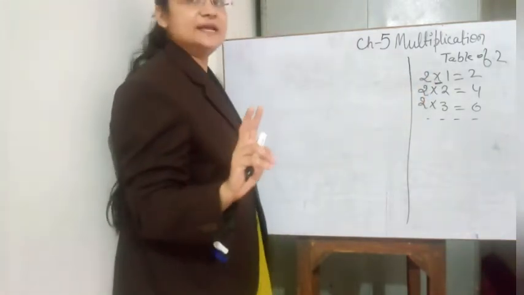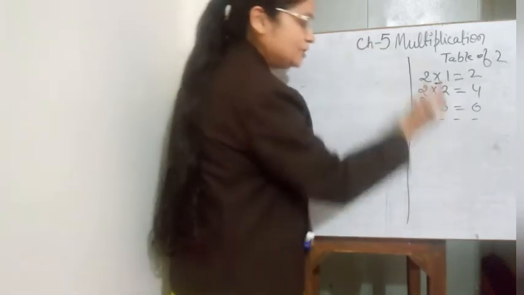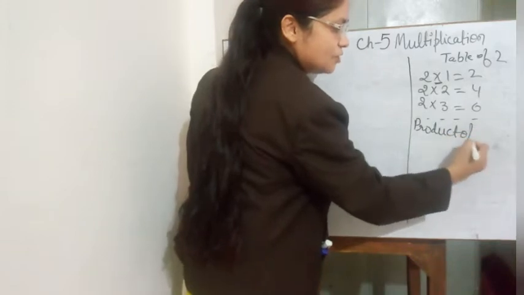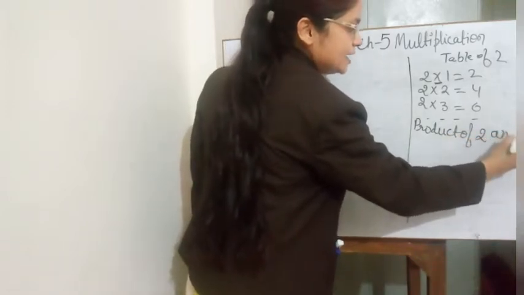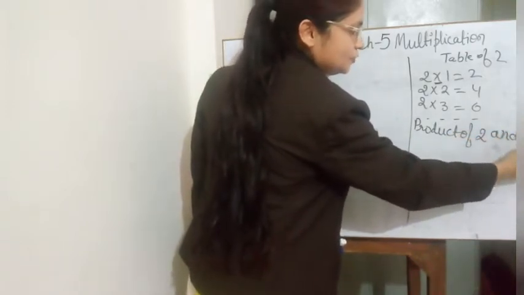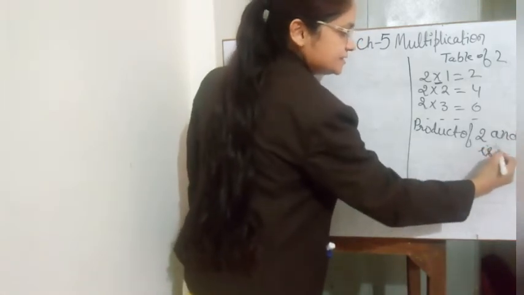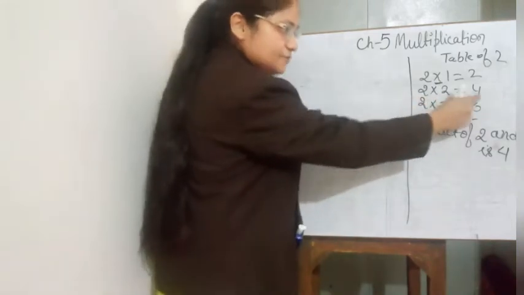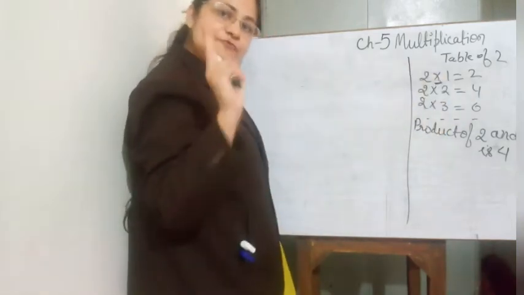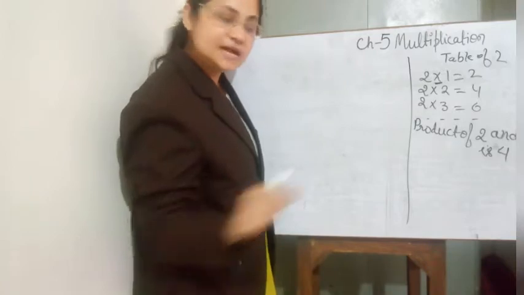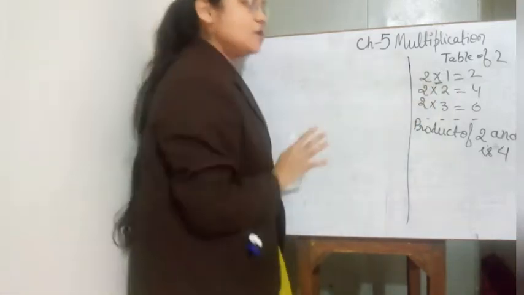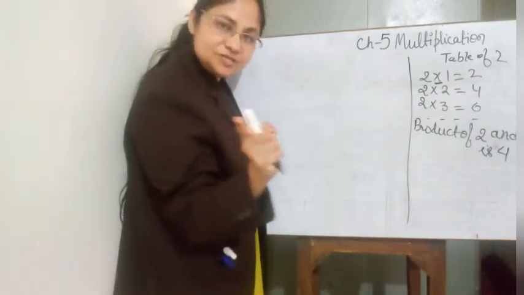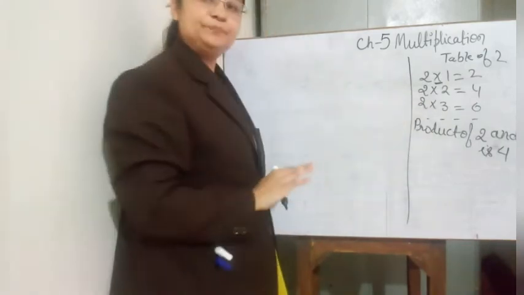We can say that the product of 2 and 2 is 4. 2 2s are 4. It is the product of two numbers, and these numbers are 2 and 2. Or 2 3s are 6, meaning 6 is the product of 2 and 3.